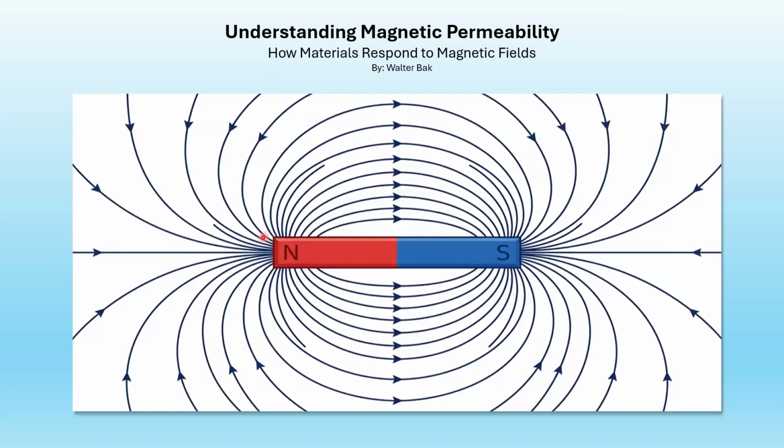The lines should be going this way, from the north to the south. Thank you AI. Don't believe everything you see. So on the outside, the magnetic fields flow from north to south, and of course, to complete the line, they will be flowing this way inside the magnet, just like the power supply idea, EMF versus voltage drop.